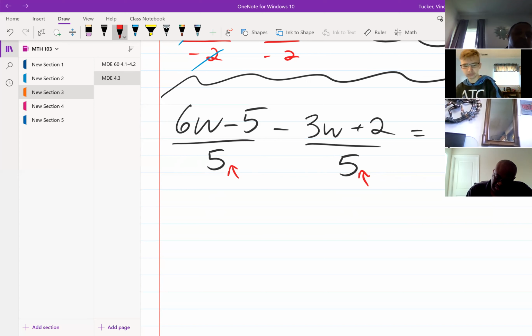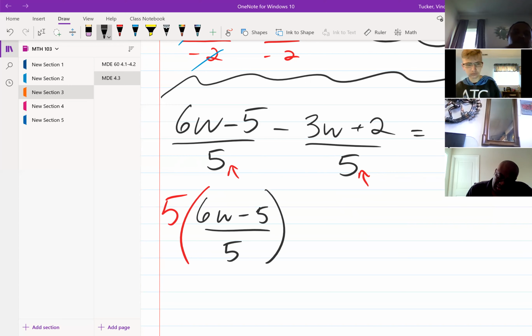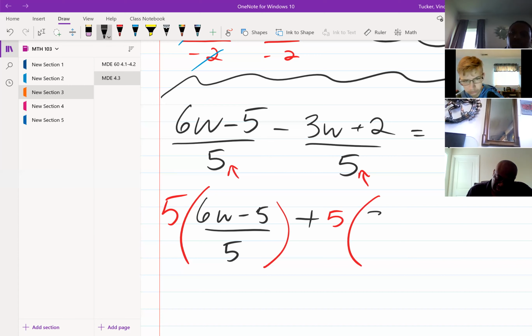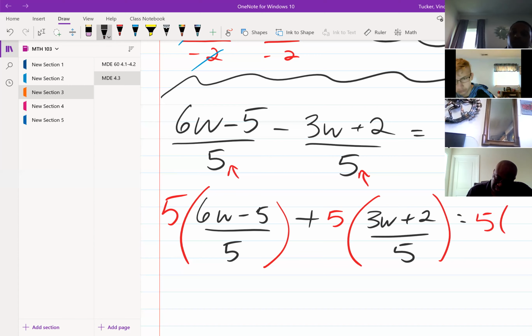So let me see how I want to write it. Let's go black. So everything needs to be affected by that 5.